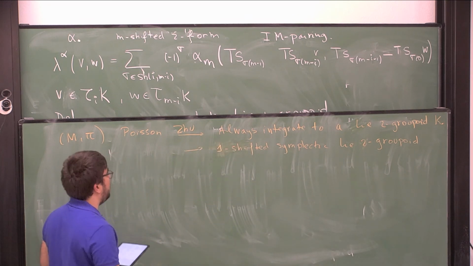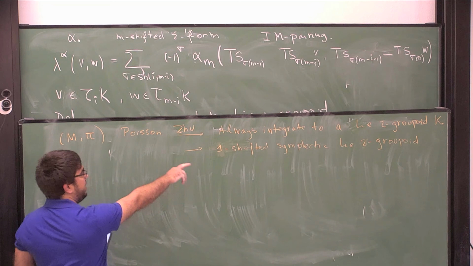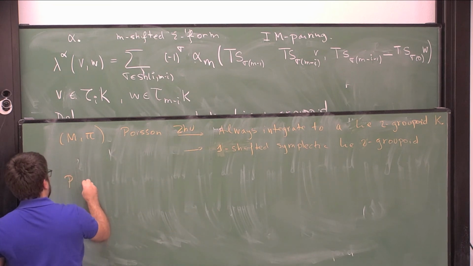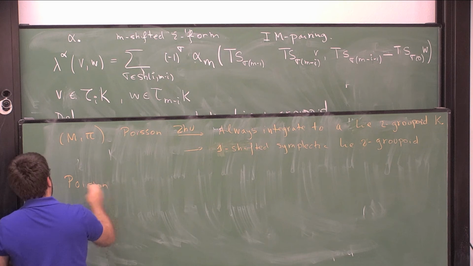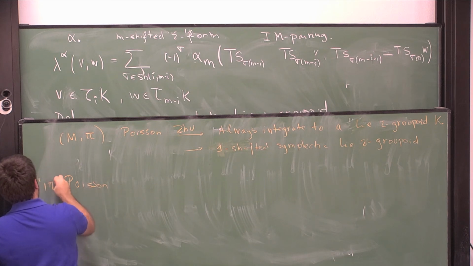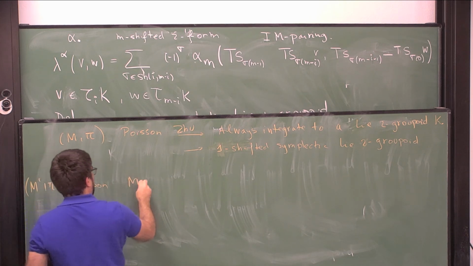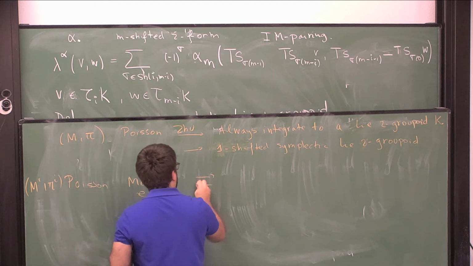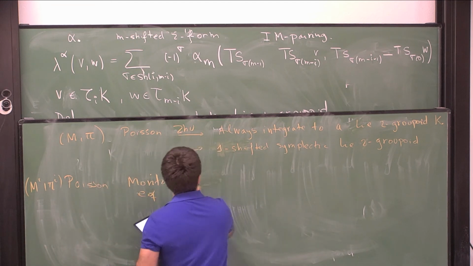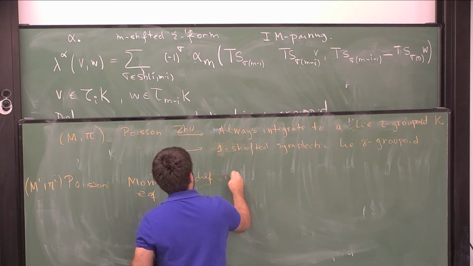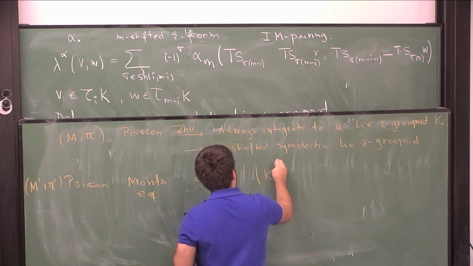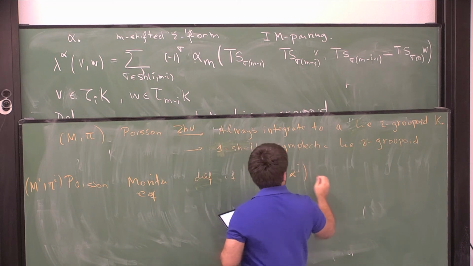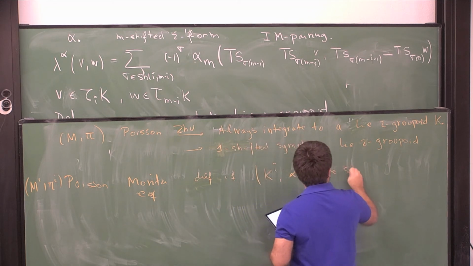And therefore, what we can say is that now two Poisson manifolds, (M_i, P_i), are Morita equivalent if and only if, or that's our definition, if the shifted symplectic groupoids integrating them are symplectic Morita equivalent.